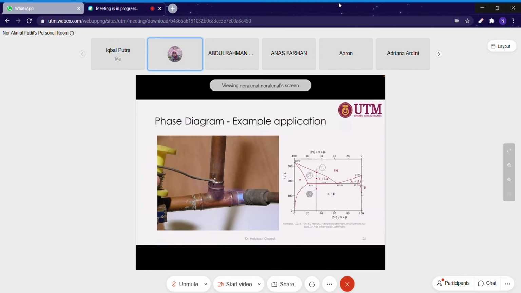So this is the example of a phase diagram. If you want to do soldering, at what temperature will it produce a microstructure? What temperature do you want to use to melt your solder materials?